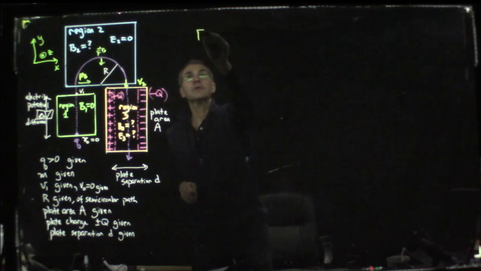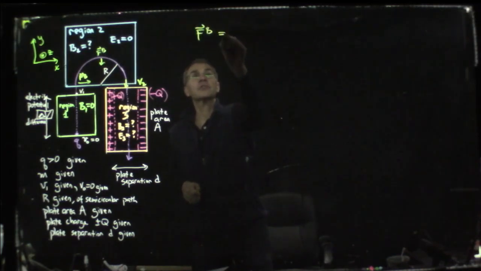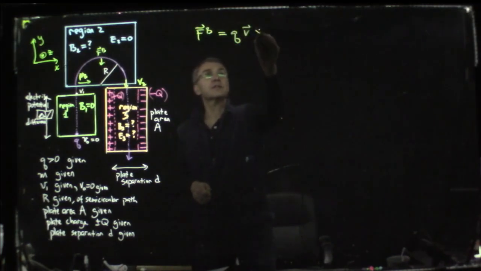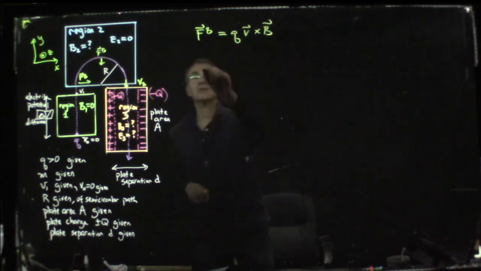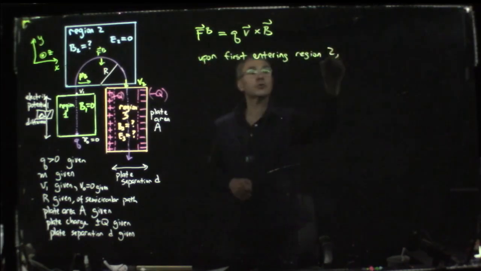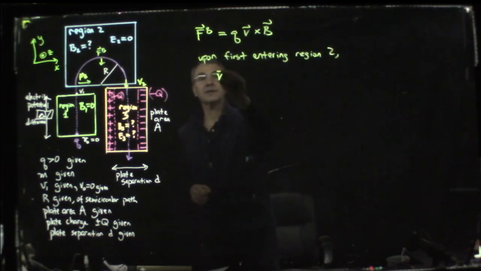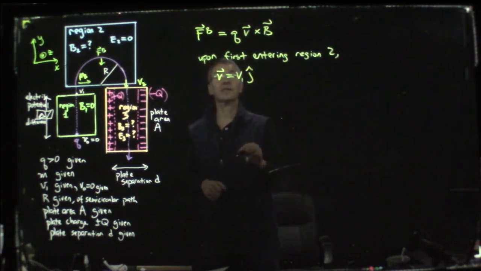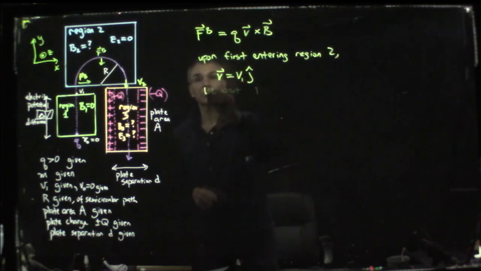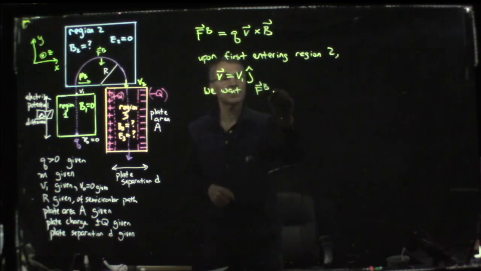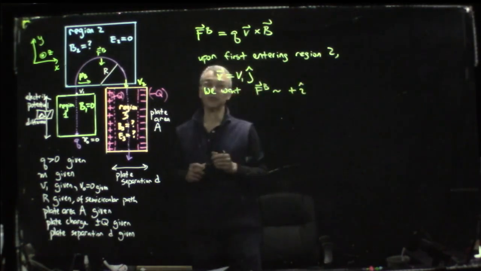So we know that the magnetic force is QV cross B, and upon first entering region 2, V is V1 in the plus y direction, and we want F magnetic to be in the plus i hat direction, the plus x direction.